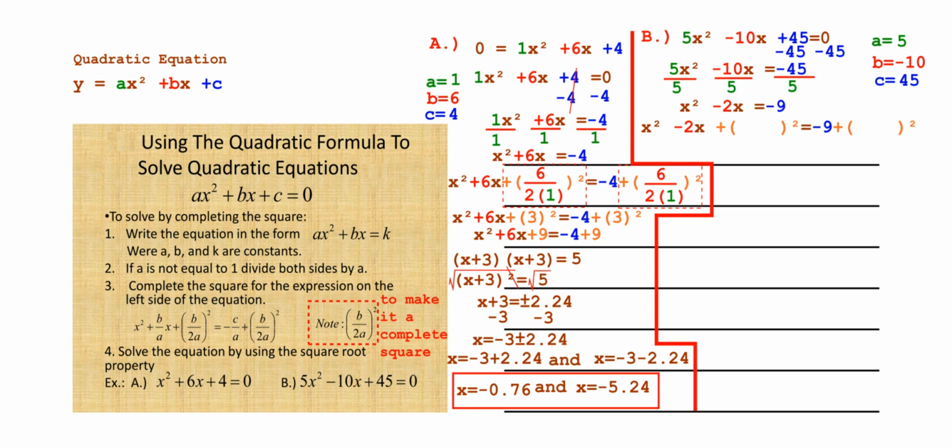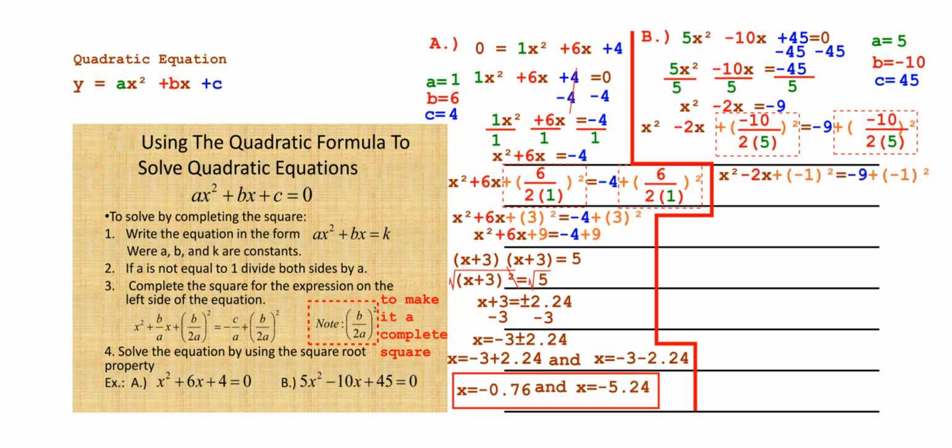So keep in mind, B and A values are from our list that we made previously. So once again, there's our B value, which in this case is negative 10, and divided by 2 times our A value. A value turned out to be 5. And let's repeat it on the other side, negative 10 divided by 2 times 5. All right, so now do realize that, once again, those are my two terms that are what makes this a complete square.